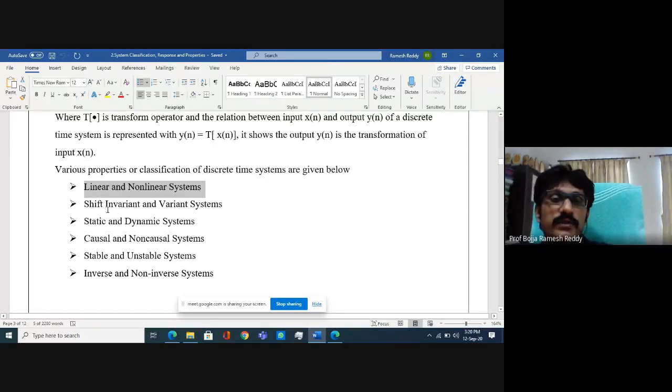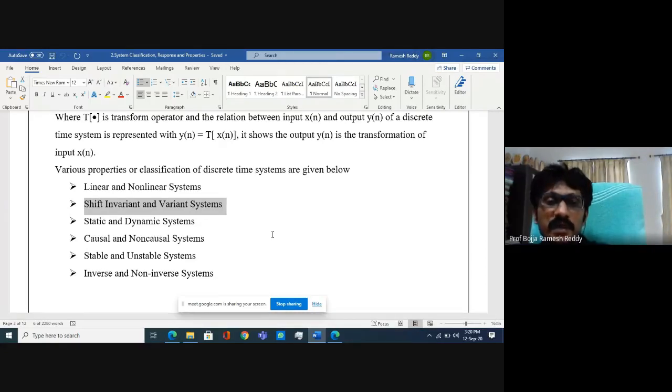Then shift invariant system: if the input is delayed or advanced, the output is also delayed or advanced by the same amount. Such systems are called shift invariant systems. If a system satisfies linearity and shift invariance, it is called a linear shift invariant system. Based on these two things, systems are classified into linear shift invariant, linear shift variant, non-linear shift invariant, and non-linear shift variant systems.